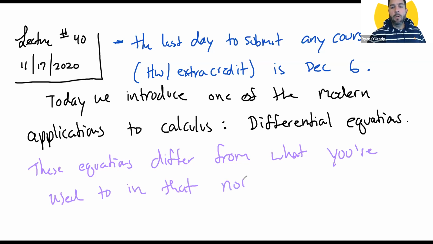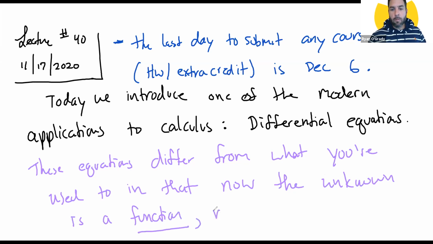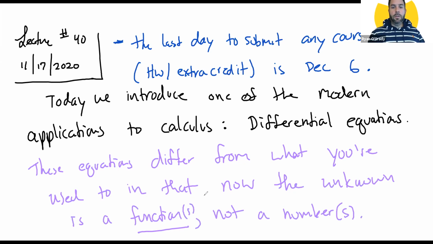In that now, the unknown is a function, not a number. Or numbers, I guess. So the unknown is no longer a number or numbers, but it's a function or perhaps multiple functions. So we're going to show you what we mean by that in a second.